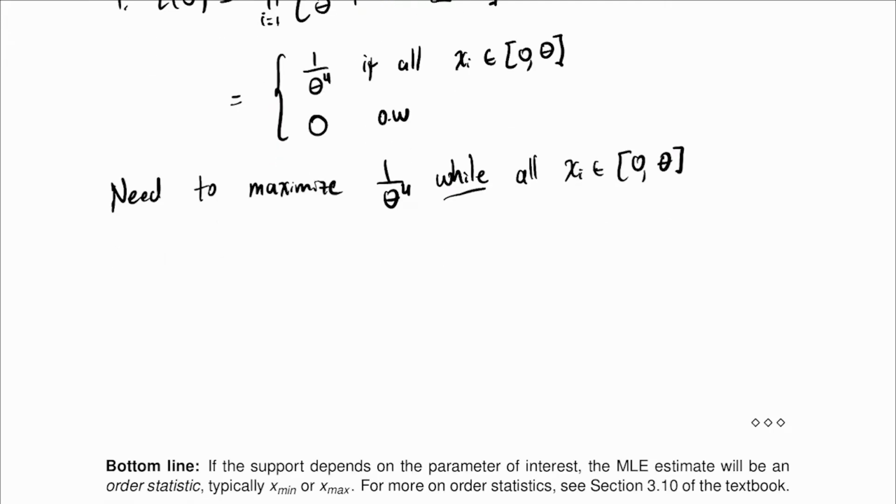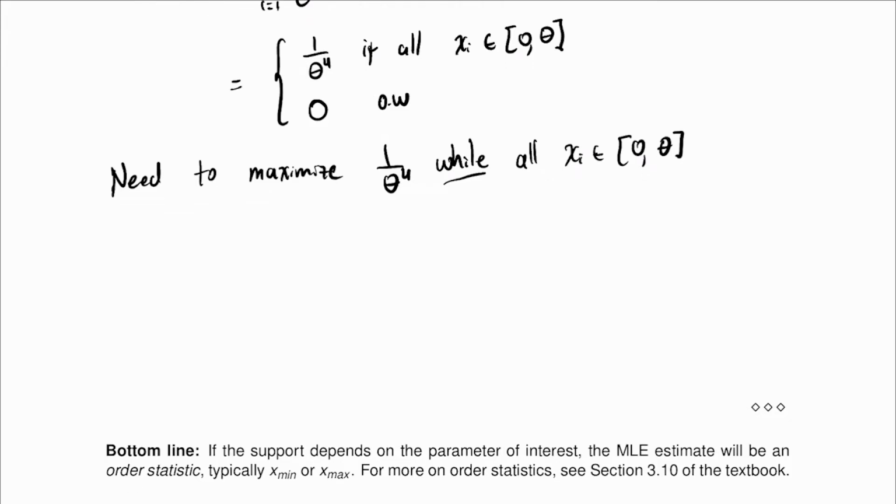So how to do that? Well, we have that 1 over theta to the 4 gets big when theta gets small, right? A large value for theta is a lower value for this number.